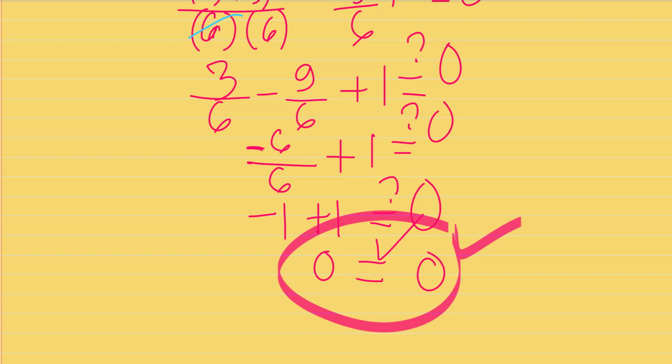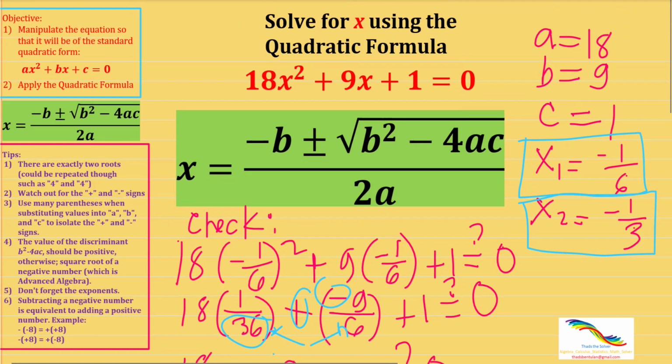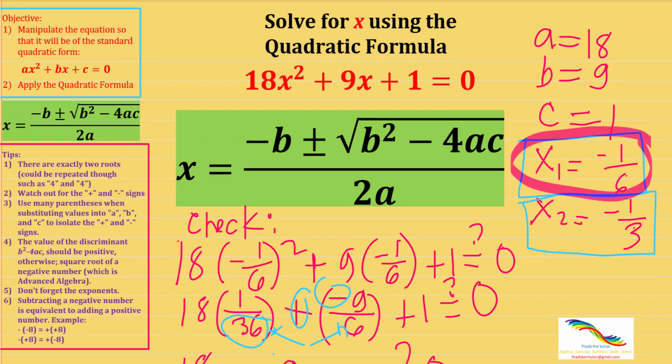We have now proved by checking, by substituting the first root, the first solution, into the original equation. So we have proved now that x equals negative 1 over 6 is a solution, a root to the equation 18x squared plus 9x plus 1 equals 0.